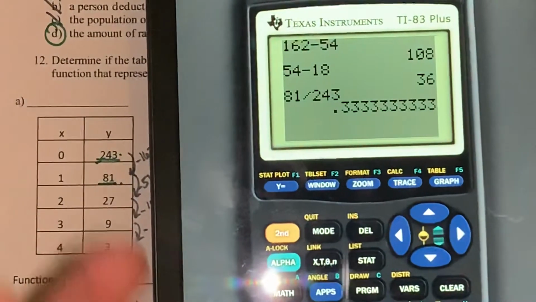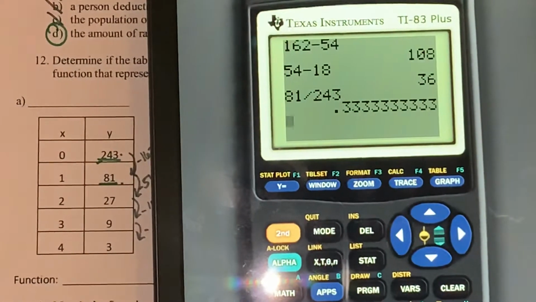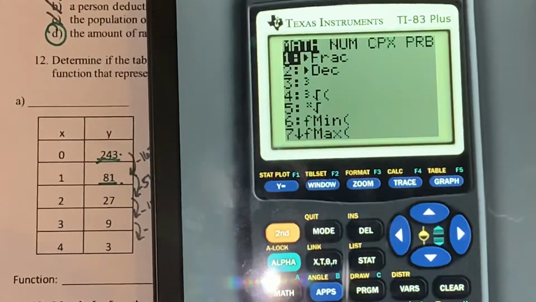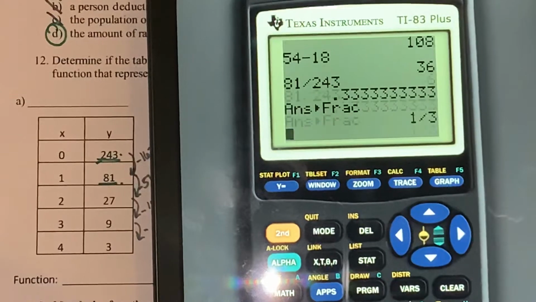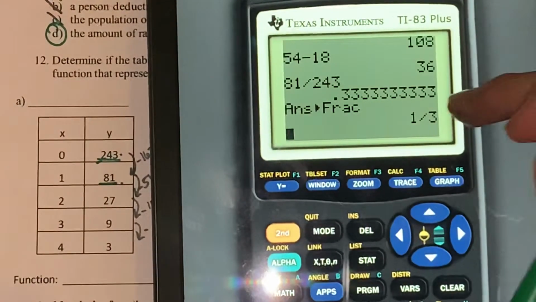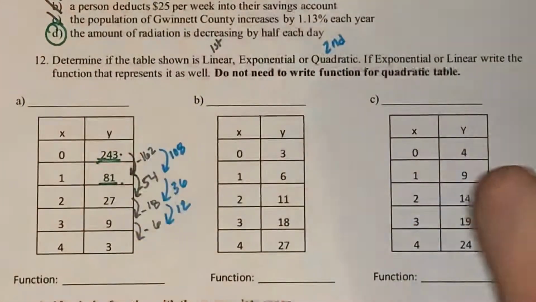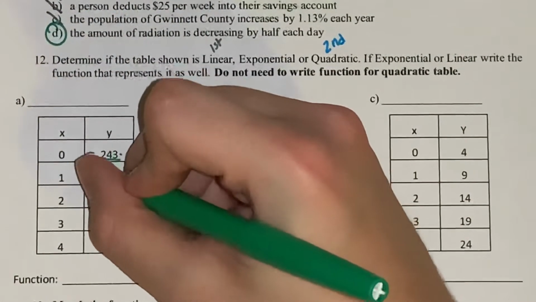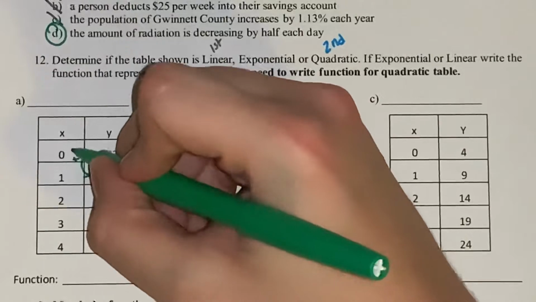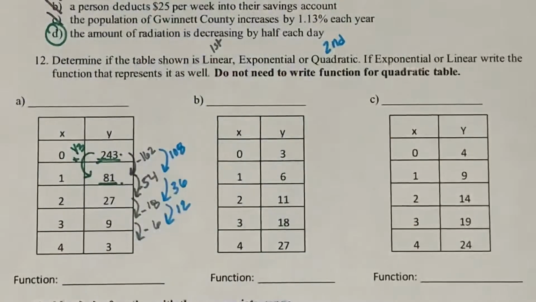Now you can write that as the function, but it's not going to be very helpful when we go to write the function. So what I suggest you do is hit math, enter, enter, and it changes this decimal to a fraction. So it's multiplied by 1/3. From here to here is being multiplied by 1/3.